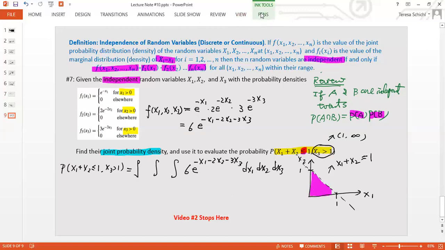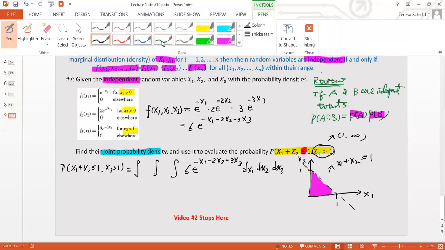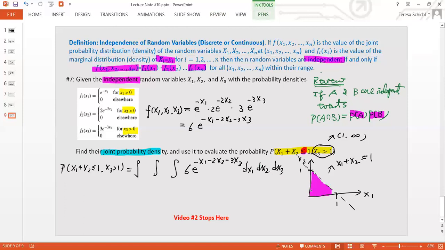So that means when I integrate the x1s here, think about it. The way we do integration, we say, hey, I'm doing the x1s here. That means I'm integrating this area, x1, where it starts. It starts from 0, but where does it end? At this line. So this line is here, the x1 is equal to what? 1 minus x2.